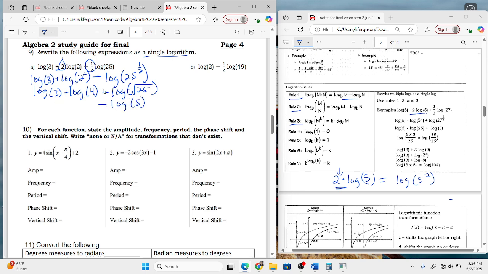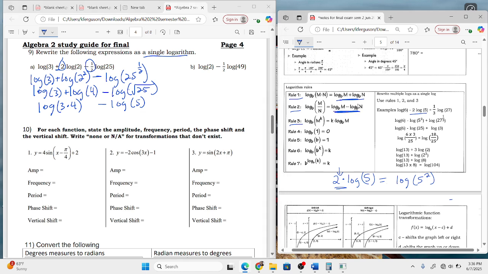So now we're going to deal with these two. I've got log of 3 plus log of 4. They've got the same base. These two added become log of 3 times 4. So now, because I've got log of 3 times 4 minus log of 5, that's where this comes into play.